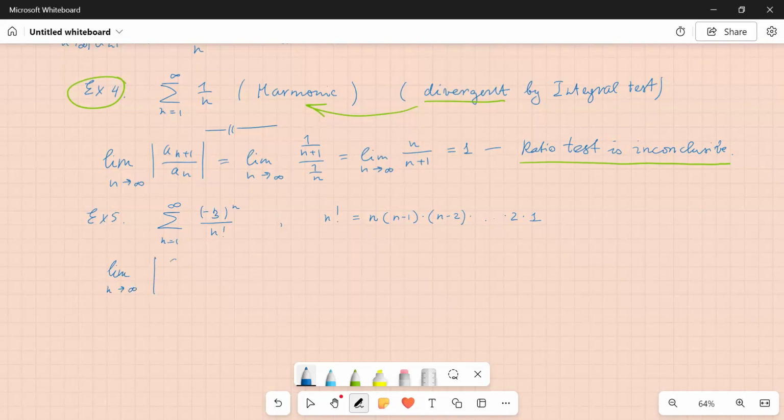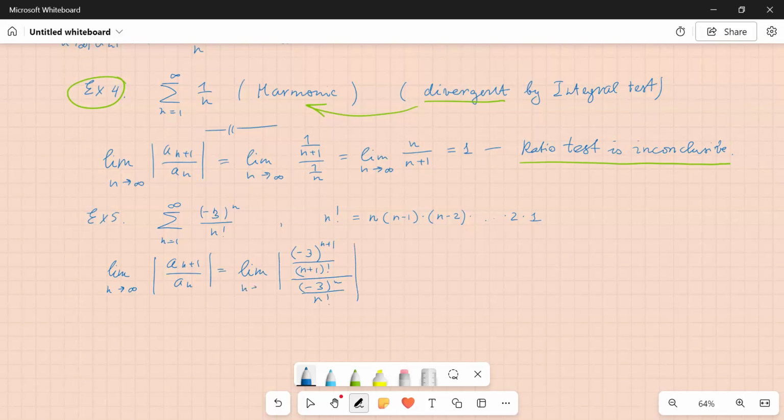The limit as n goes to infinity. I'm going to label a_{n+1} over a_n. And then I'm going to carefully increase the n's in my series to n plus 1 here, right? N plus 1 factorial in the denominator, minus 3 to the power of n plus 1 over minus 3 to the power of n and n factorial.